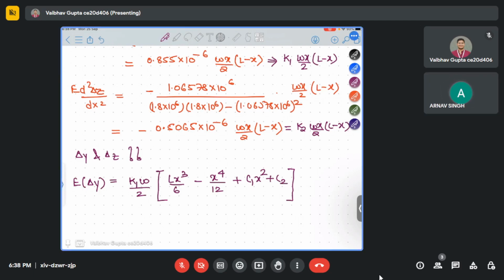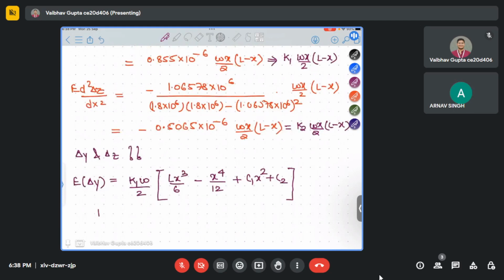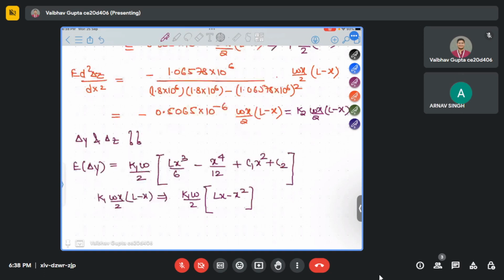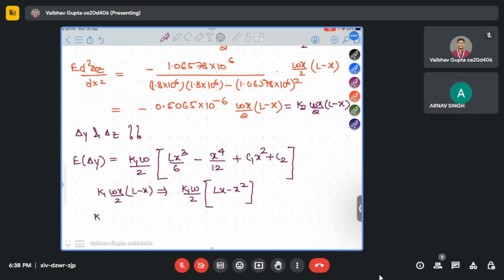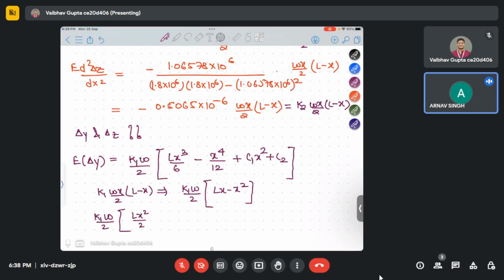Our expression was K1 Wx by 2 into (L minus x). I took K1 W by 2 as common, so I am left with Lx minus x square. Now I have to integrate twice. In the first integration, x becomes x square by 2, and x square becomes x cube by 3, plus integration constant C1.